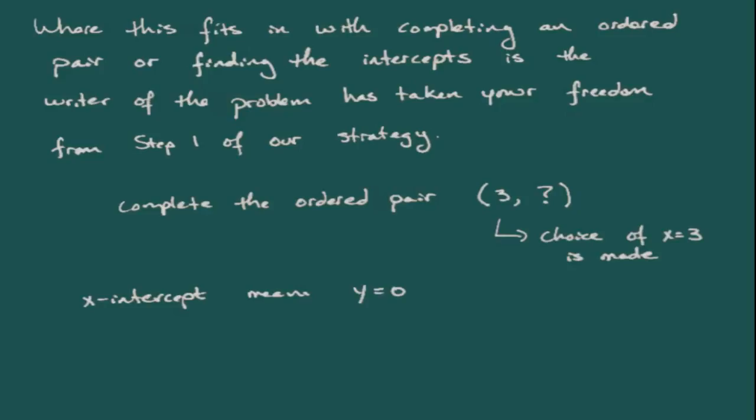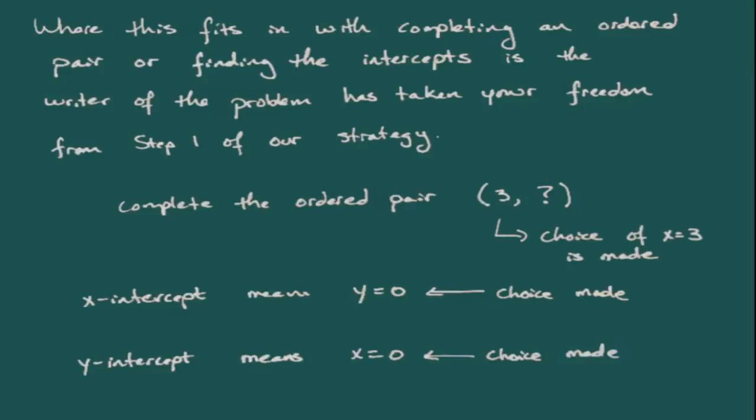In finding the x-intercept, they're choosing y to be 0. In finding the y-intercept, they have already chosen that x is going to be 0. So in each of these situations, they are circumventing step 1, taking away your freedom of choice for the variable and for the value of that variable.